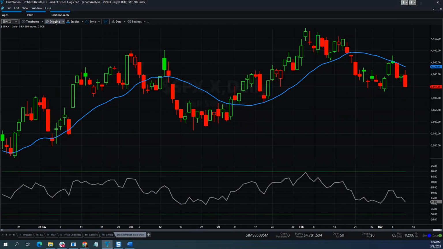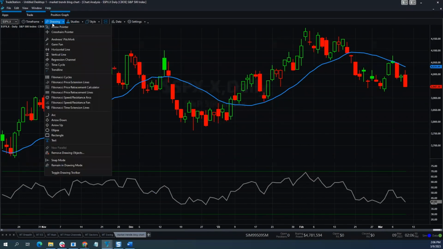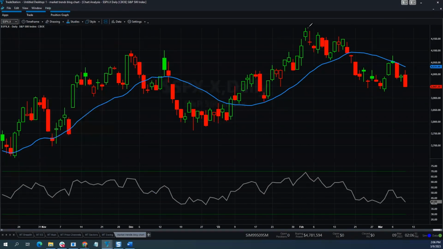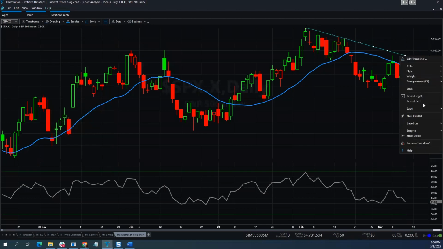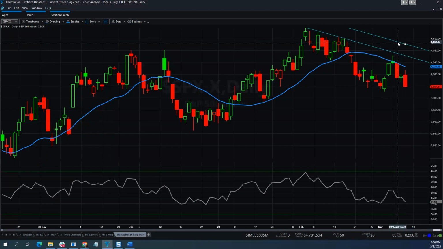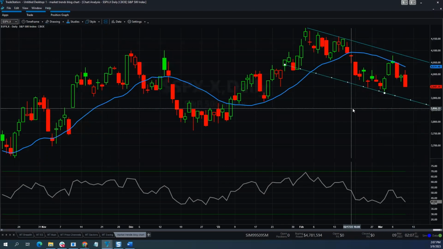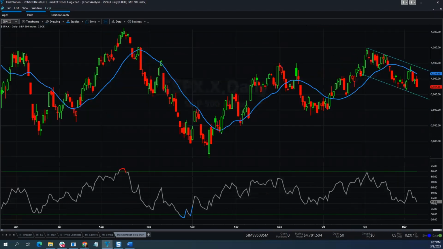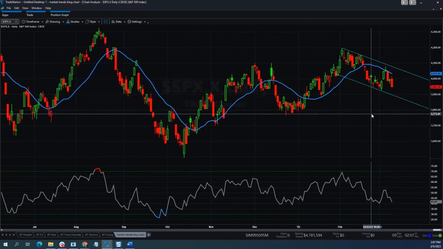We go to drawings, another trend line, draw it to this. Now right click on it and go to new parallel. And now this is what I'm concerned about. I didn't want to put all this on my chart, but I'm concerned that now we're in a new parallel channel to the downside.